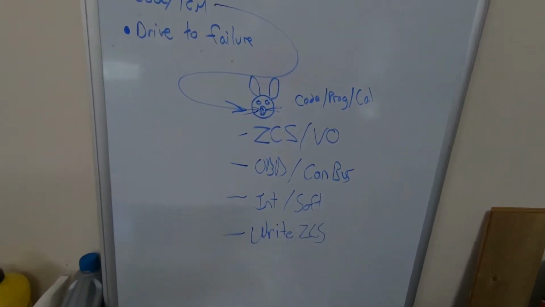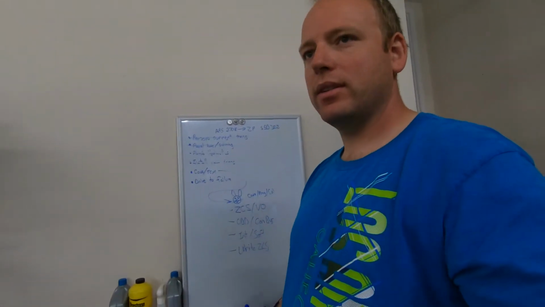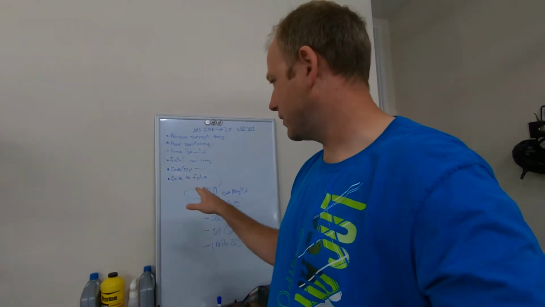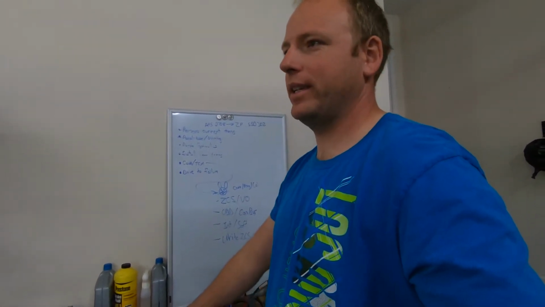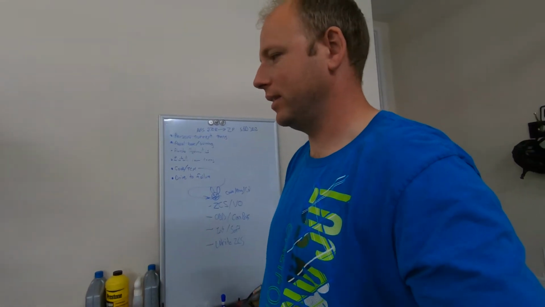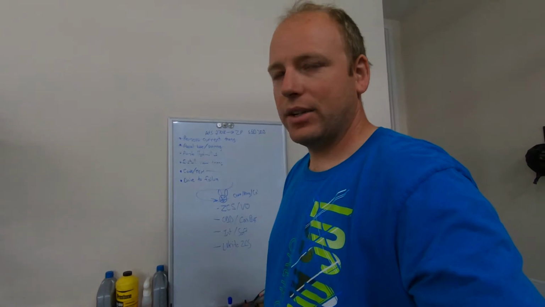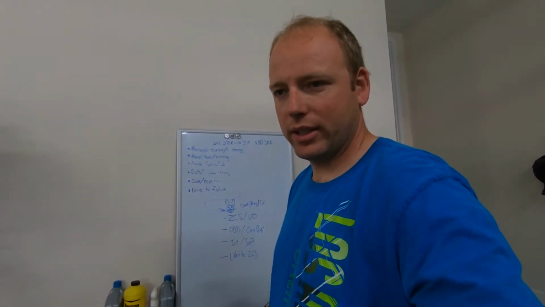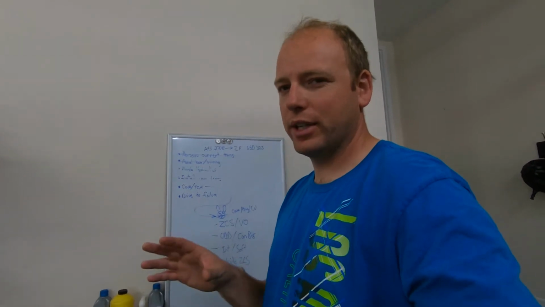ZCS and VO. So what that's referring to is the central coding key. ZCS is Zentralkodierungsschlüssel in German, and that is, like I just said, the central coding key. What that does is it tells the car and the plethora of electronic modules in it what configuration it's in.